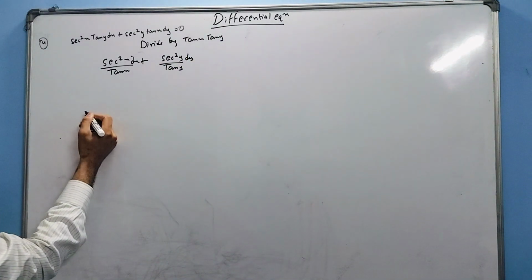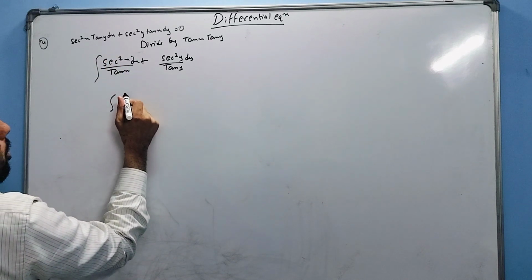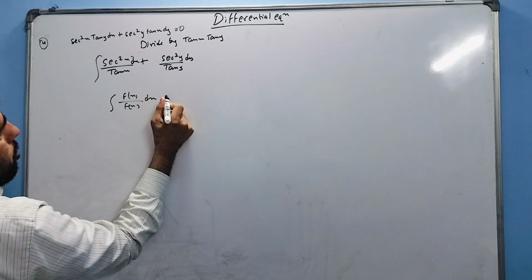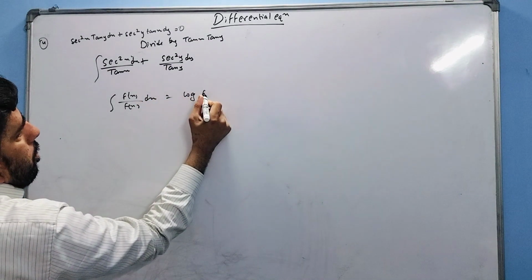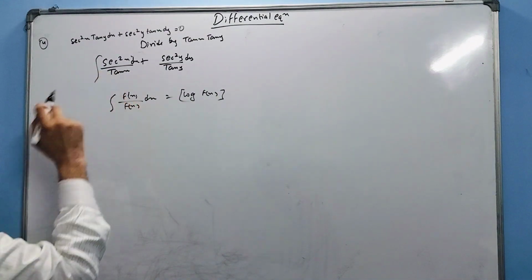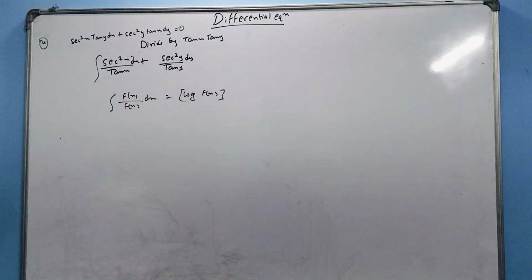So now we know that integration of f dash x upon fx dx is equal to log of fx. This is the formula I have, because we know that differentiation of tan x will be sec square x and differentiation of tan y will be sec square y.